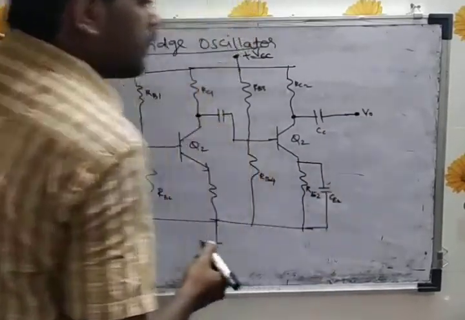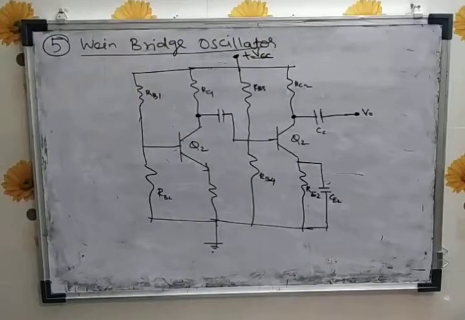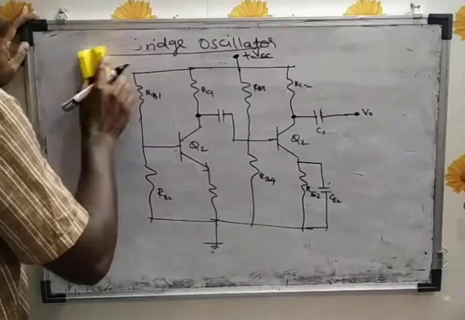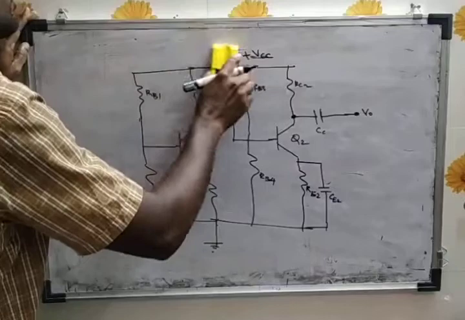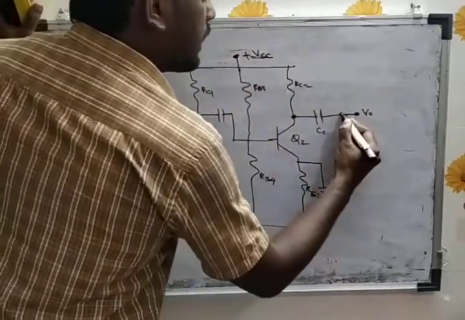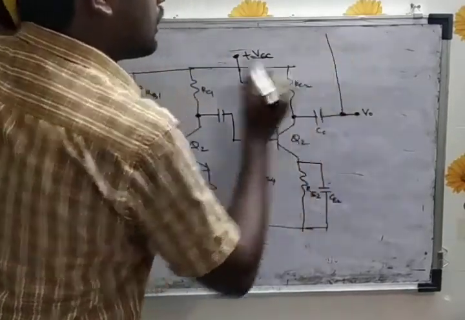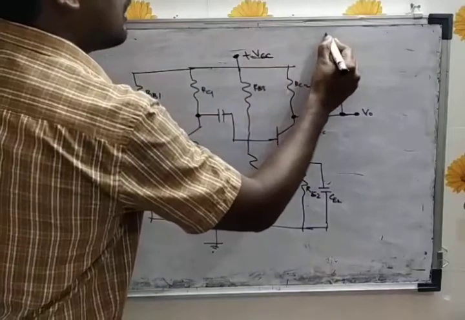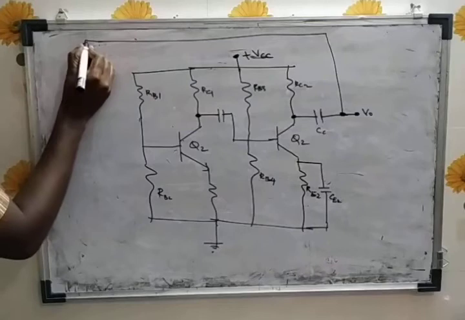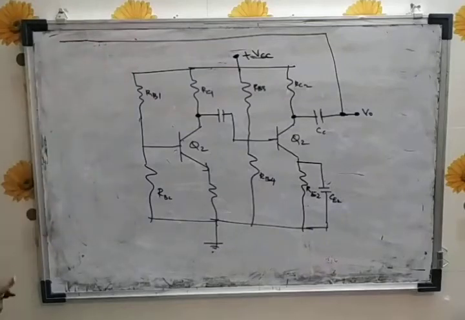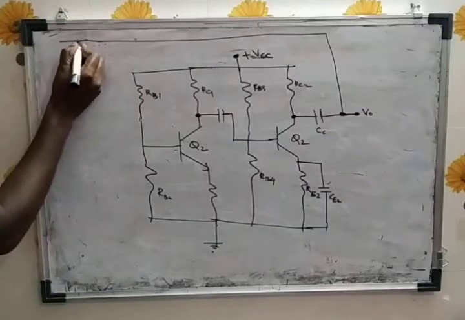Now we have to connect the feedback network. We take the output and feed it back to the input through the Wien bridge circuit.